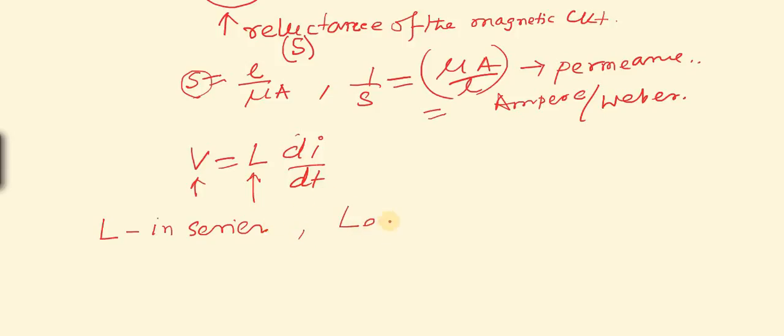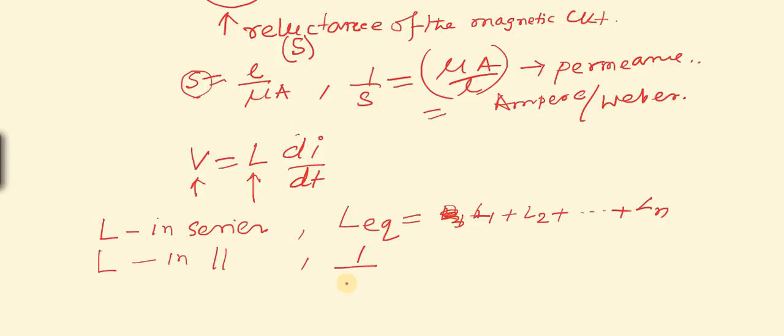That means the equivalent inductance in series connection will be the summation of all the inductances. And for L in parallel, a similar relationship holds as in case of resistance. That means 1 by L equivalent is equal to 1 by L1 plus 1 by L2 plus 1 by Ln.